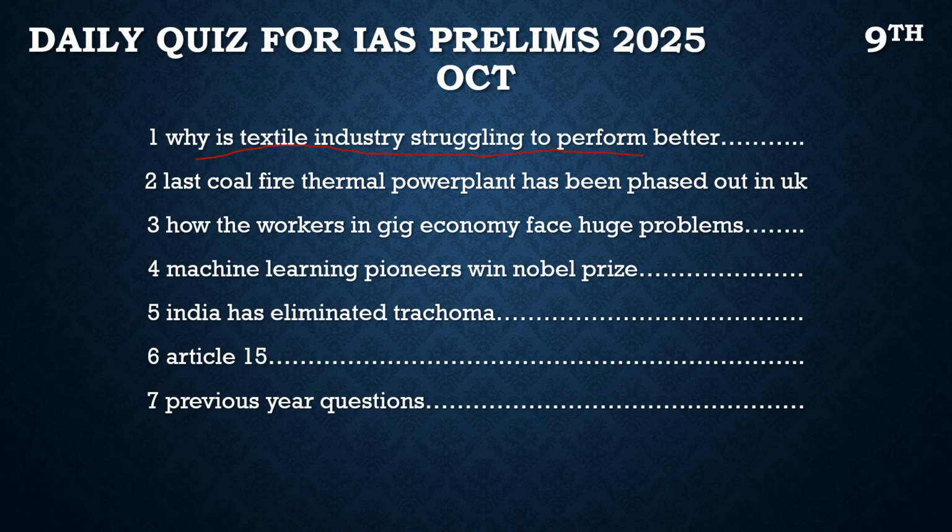We are going in a downward direction rather than increasing our textile industry, exports, or margins. So here comes the question: why is there such a downward trend? The article explains the possible reasons, and he gives us a few.